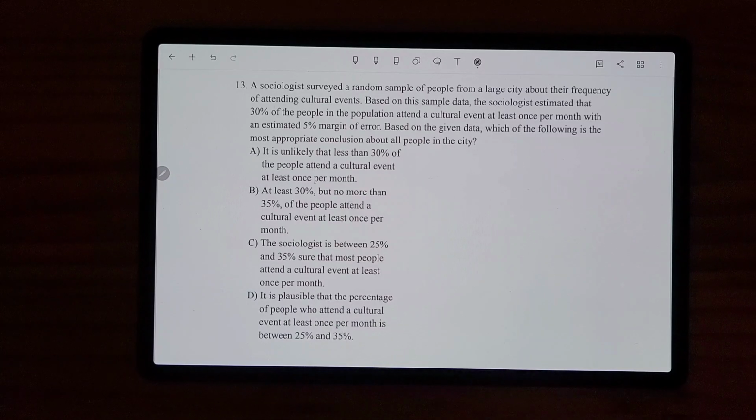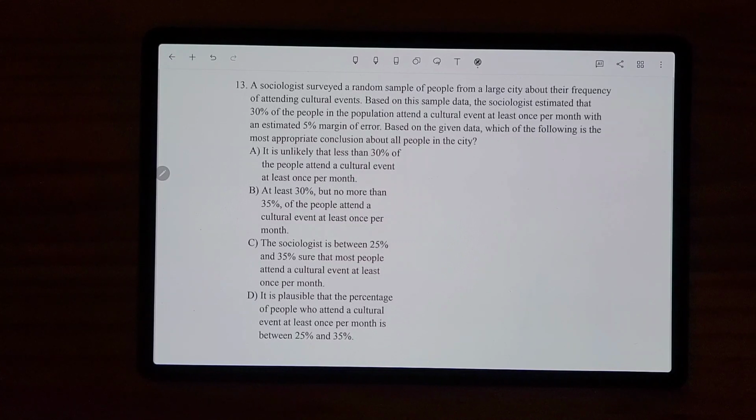So C says the sociologist is between 25% and 35% sure that most people attend a cultural event at least once per month. Now, that's not what margin of error is. Margin of error isn't saying how sure you are of something. It's saying this is how much is plausible that my estimation could be off by.